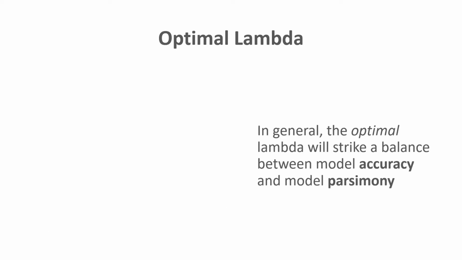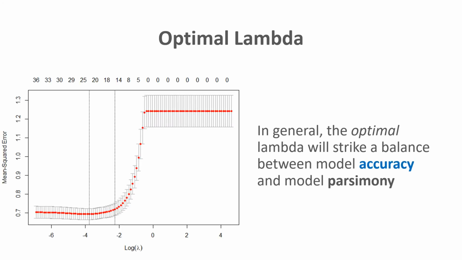So in terms of the optimal lambda, in general, the optimal lambda will strike a balance between model accuracy and model parsimony. So in terms of accuracy, here's an example of a common data visualization that you'll see when it comes to looking at the effects of different lambda values on model accuracy metrics such as the mean squared error or the root mean squared error, or sometimes you'll see something similar with the R squared value as well.